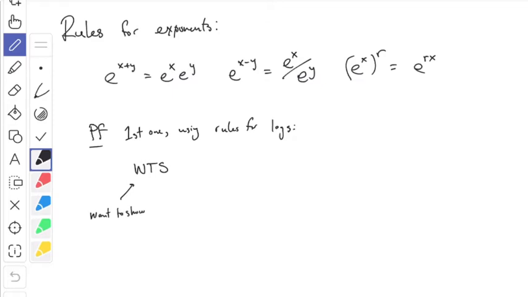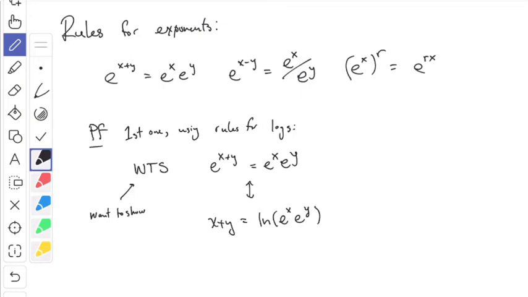I want to show that e to the x plus y equals e to the x times e to the y. That is the same as writing in terms of logarithms. You could say do the log on both sides and then cancel the log with the e on the left. Anyway, this is the same as saying x plus y equals the natural log of e to the x times e to the y.